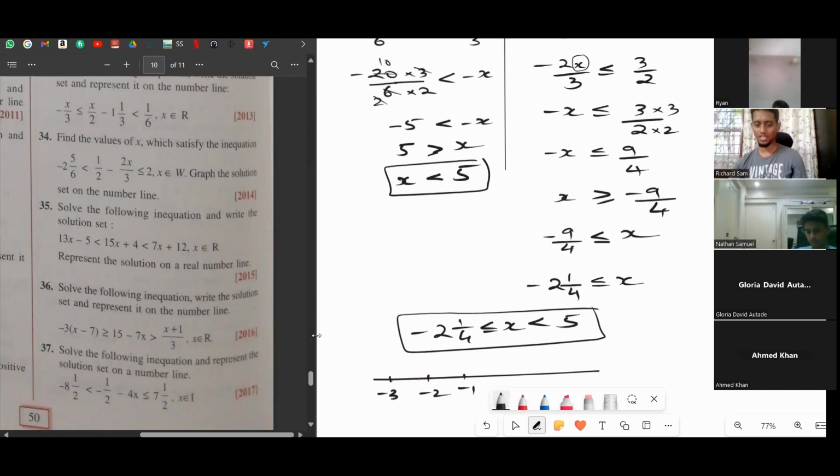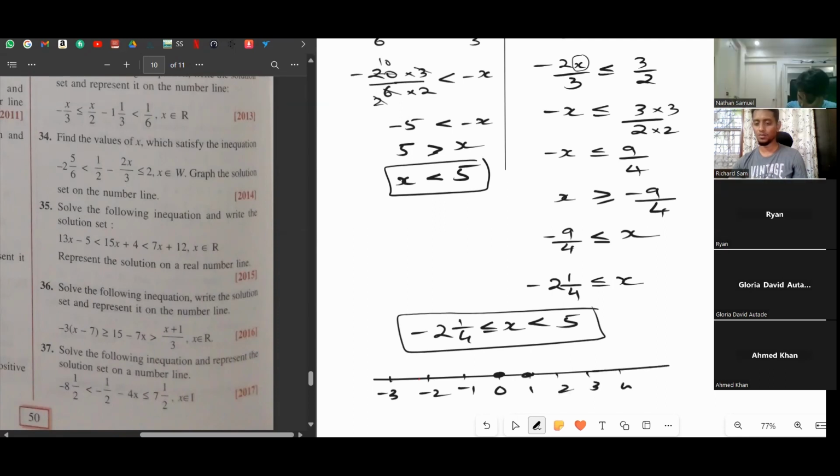If it's integers, you will directly show these and so on. But here this is whole numbers. So whole numbers means you won't even show the negative. Where you'll start from is from the 0. The first number will be 0, then 1, then 2, 3, 4, 5. Do one more. 6.